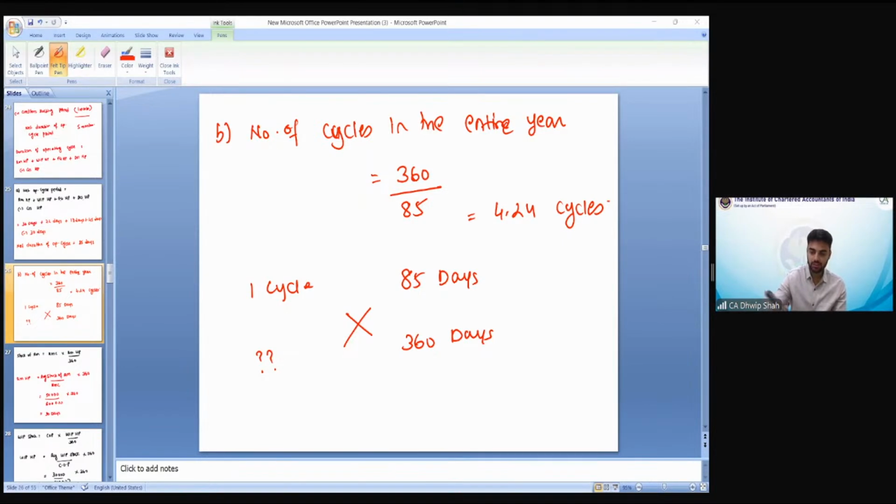Bolo, any doubts? So since we have just 3 to 4 minutes, let's quickly brush up what we have covered in today's session. First of all, we discussed the meaning of working capital. It is the funds that you need to run your day-to-day business. After that, I explained the significance that fixed assets cannot work on their own.